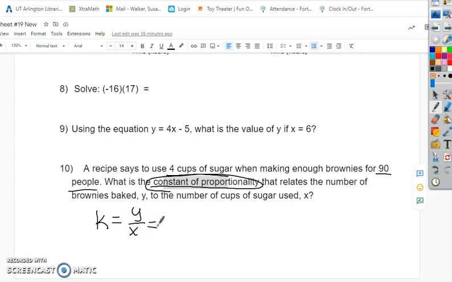That relates the number of people, y, to the number of cups of sugar, x. Okay? So I may reword this before y'all get it. The top number should be 90. It's enough brownies for 90 people. I may just leave it that way. It's probably fine. The number of cups of sugar is x, so you have to divide them. That's all you have to do for constant of proportionality. Okay?